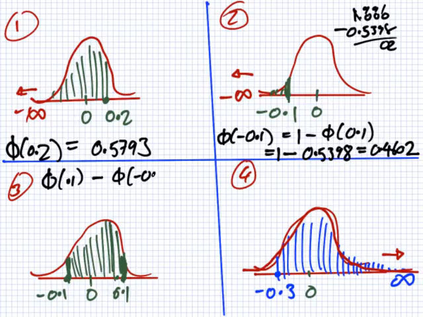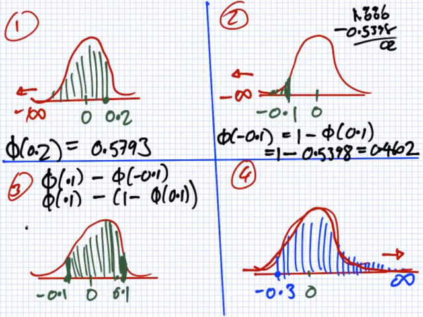Okay, this one here, it's the table book value of 0.1 minus the table book value of minus 0.1, because it's this area to the left minus this area to the left. But if we use our trick from earlier, this is 1 minus table book value of 0.1. So you can see that minus that is 2 of them.